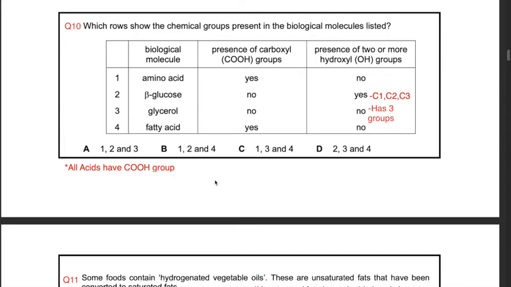Yes, that is correct, because beta glucose has many hydroxyl groups. It has them on carbon 1, carbon 2, carbon 3 and so on, and it doesn't have any carboxyl groups. Therefore, 2 is also correct. Let's look at 4. Fatty acid, yes, carboxyl groups should be present, as all acids have a carboxyl group, and no hydroxyl groups. Therefore, 1, 2 and 4 is correct, leaving us with the answer being B.